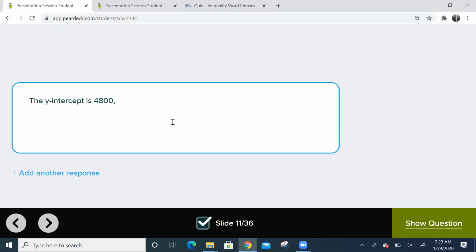That's where the troop started, at an elevation of 4,800 feet.